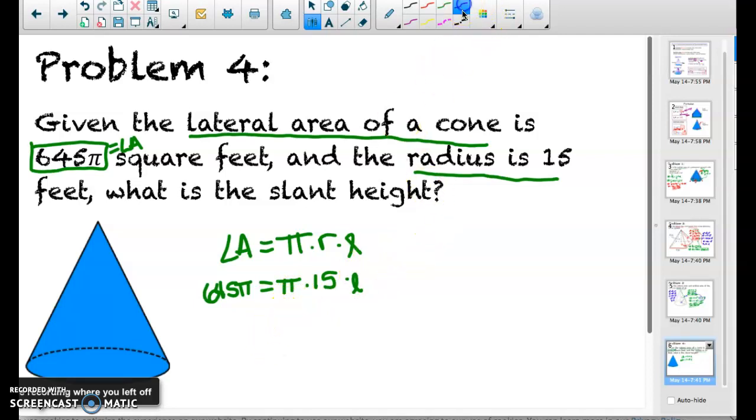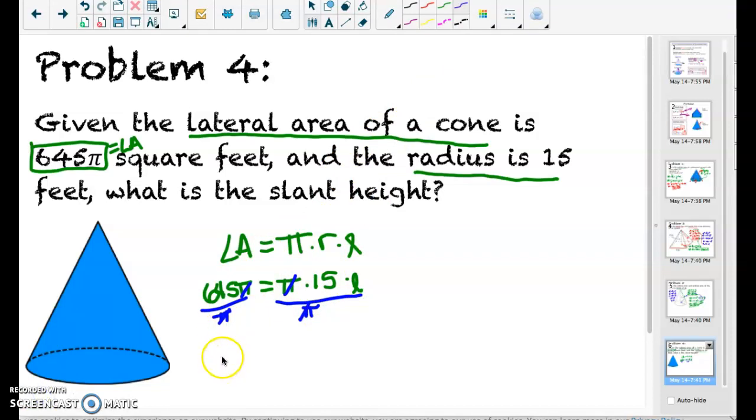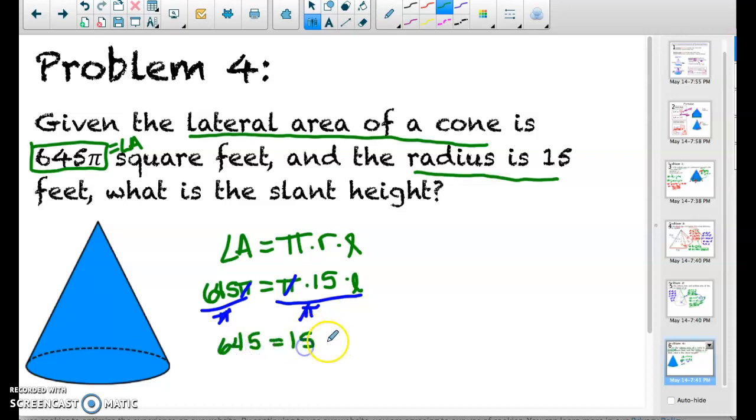Now, I don't want you to run to your calculator right away and type in pi, because take a look. There's a pi on each side of the equal sign. If I simply divide both sides by pi, it's going to cancel on both sides. So now the pi's are gone. We are left with 645 is equal to 15 times the slant height.